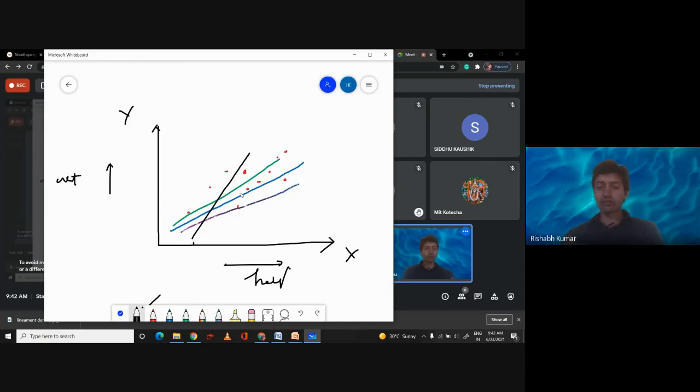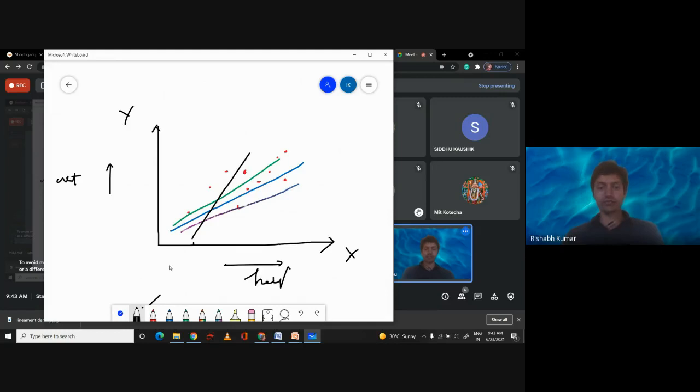Why? Out of all these lines, which line would be your line of best fit? Line of best fit is a line which is representing all of the points as closely as possible. So what would that be?